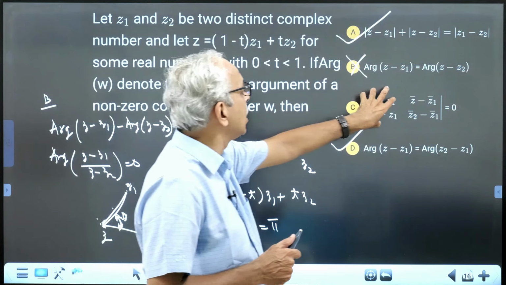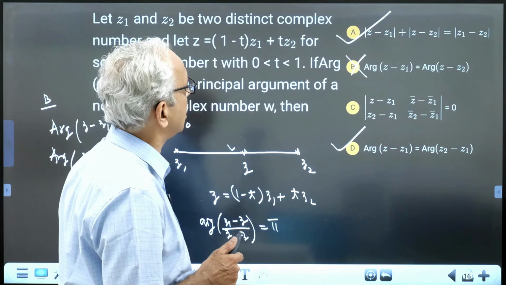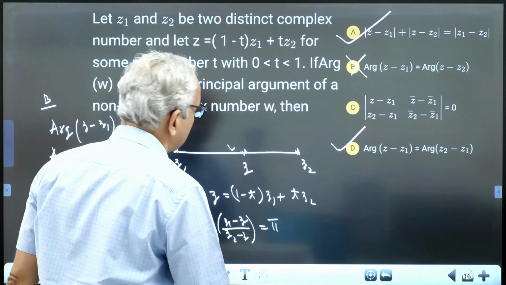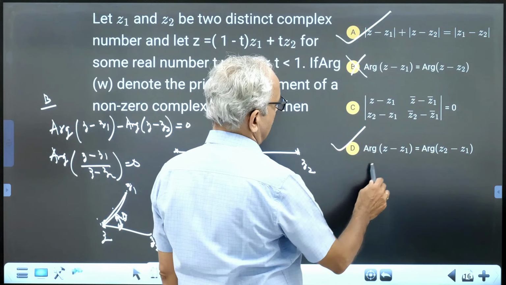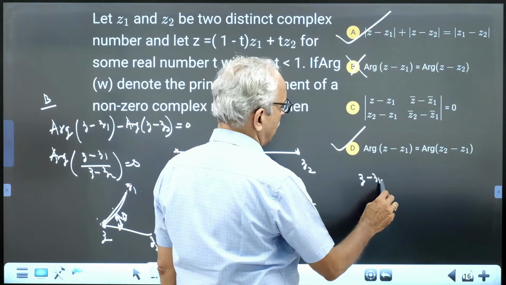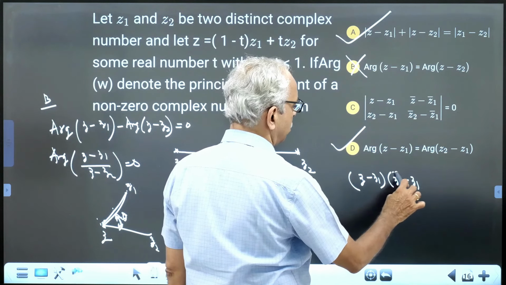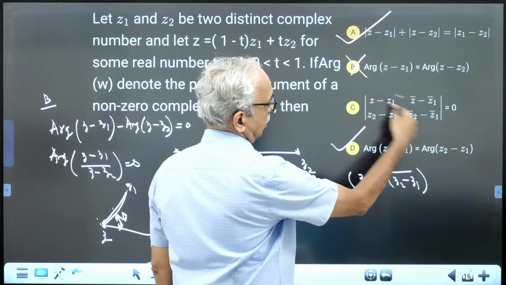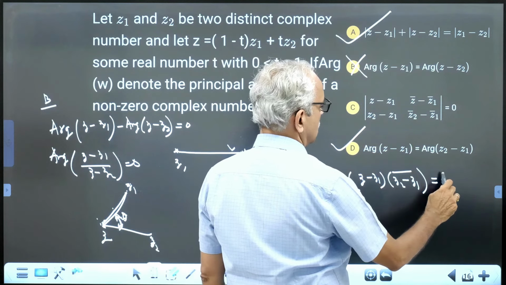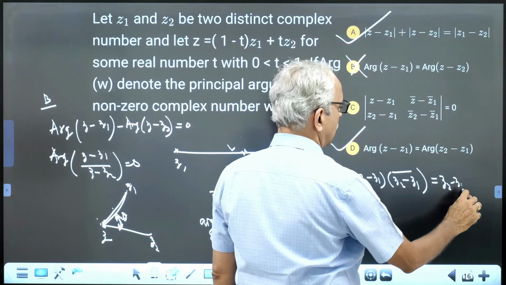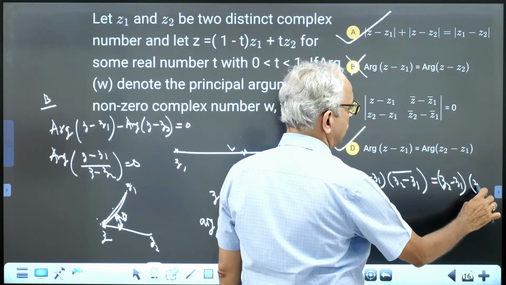Now, what is the value of this? Argument of (Z minus Z1), the value is 0. If you simplify it, what do you get? (Z minus Z1) into conjugate of (Z2 minus Z1) is equal to (Z2 minus Z1) into conjugate of (Z minus Z1).